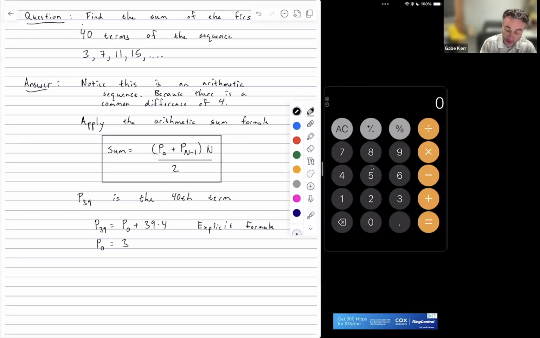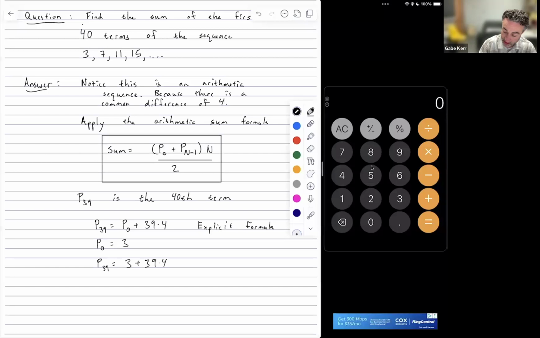All right, so what are the ingredients we need? We need P naught, we have it. We need P sub 39. We have this, but we need to calculate it. So let's calculate P sub 39. I can put P naught in, so 3 plus 39 times 4.